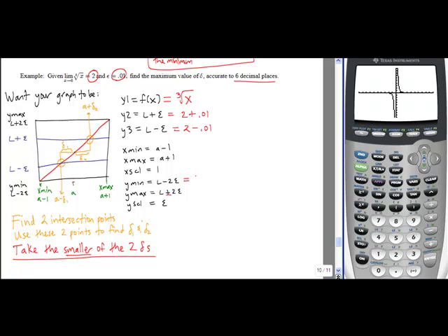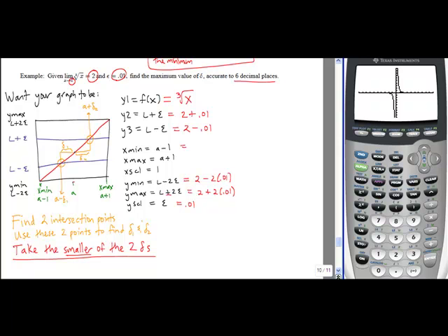Now to be able to see those horizontal lines, I'm going to let my y min be this limit value 2 minus 2 epsilons, so 2 times 0.01, and I'm going to let my y max be 2 plus 2 epsilons, so 2 times 0.01, and I'm going to let my y scale be epsilon itself, so 0.01. Then the x's should be centered around this limit that we're approaching.